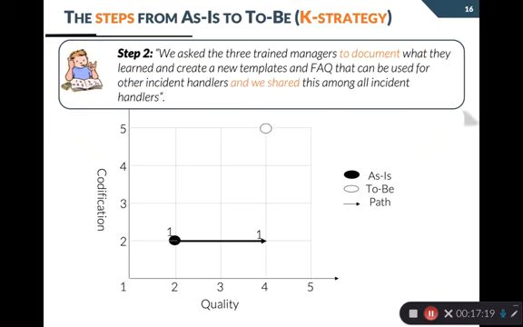And then maybe the next step would be to work on further codification and distribution. This is just one example to show you how different steps, different actions may be translated into different arrows, different paths in terms of the knowledge strategy trajectories.